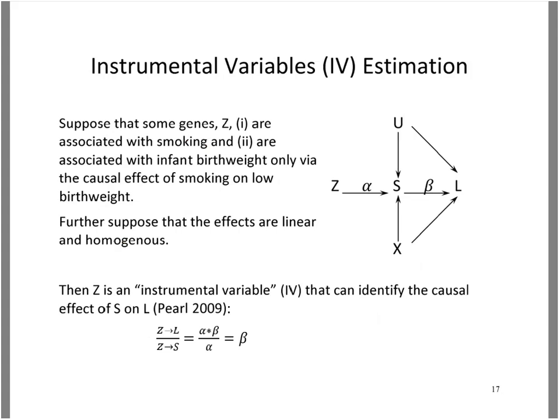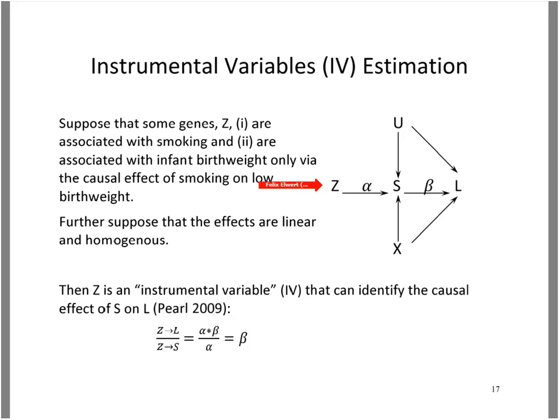So now let's look at what's happened to the DAG. The DAG's just changed. I've added a variable Z. Let Z stand for genes that are, for some reason, plausibly or knowingly associated with smoking. And here this DAG actually makes a really strong statement. The DAG says that we think that these genes cause smoking. Okay, fine. They only actually need to be associated, but for argument's sake, suppose that these genes cause smoking.